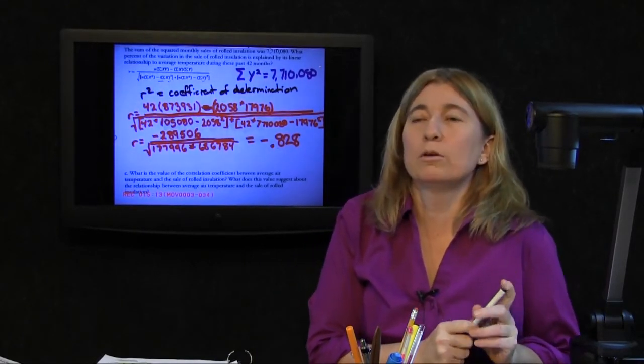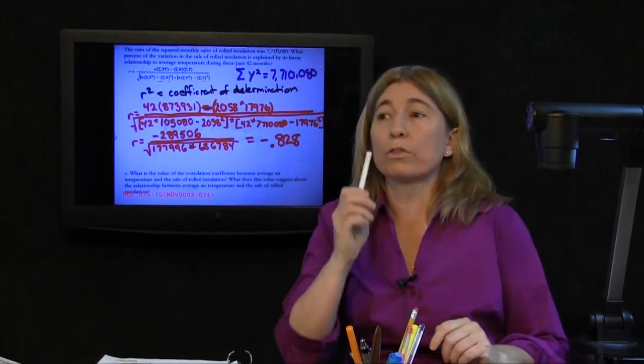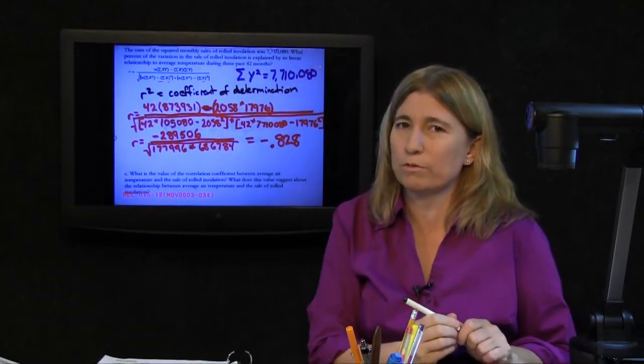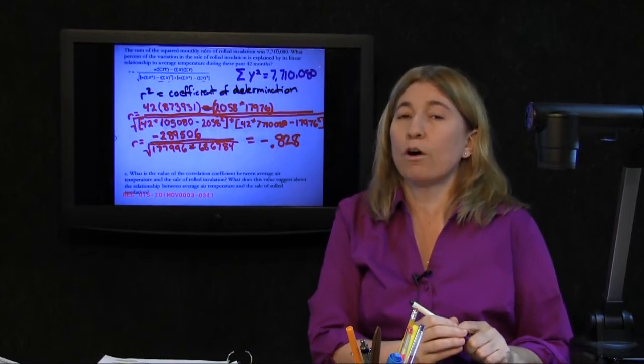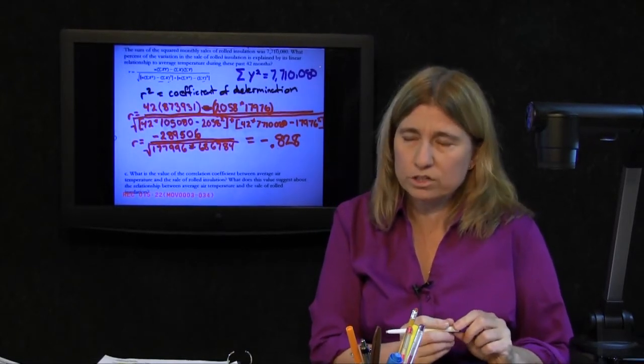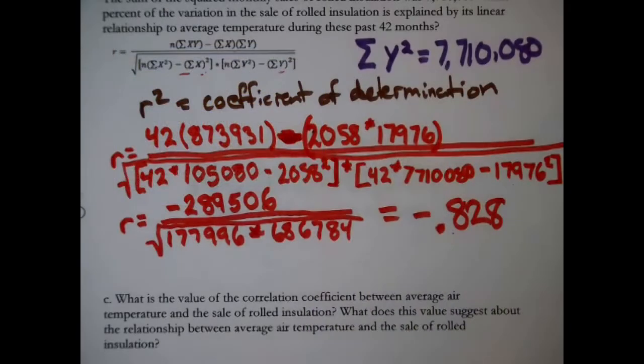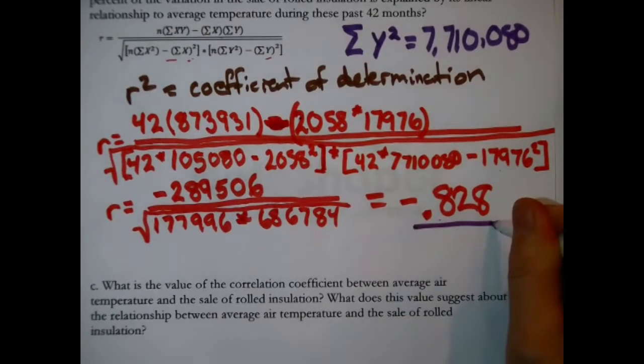Because that formula only gets us R, or rho, or the so-called correlation coefficient. We are in pursuit of R squared, the coefficient of determination, which is just that number. We're almost there, but we have to square it.